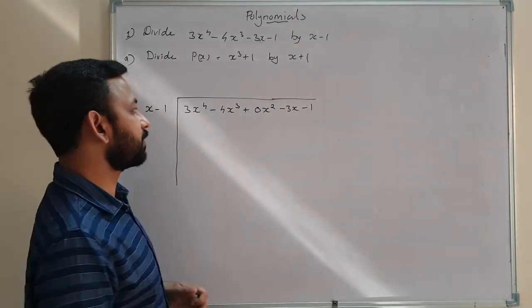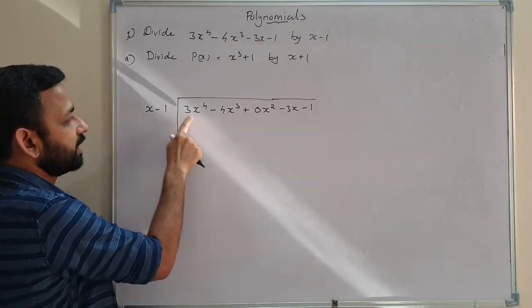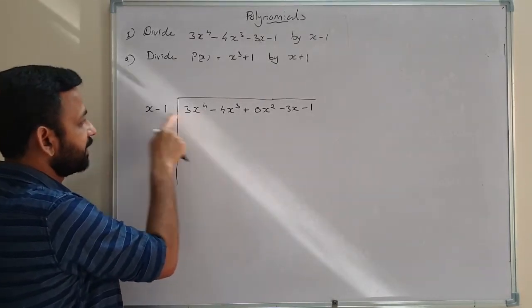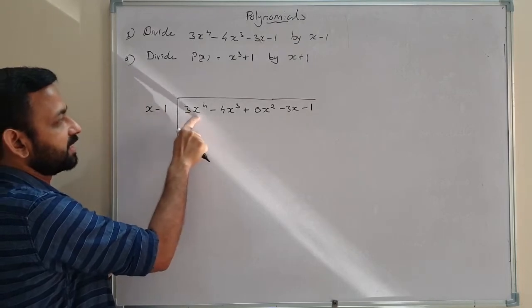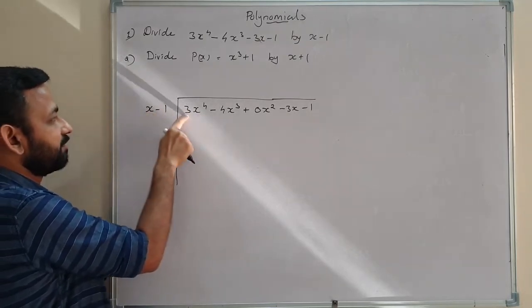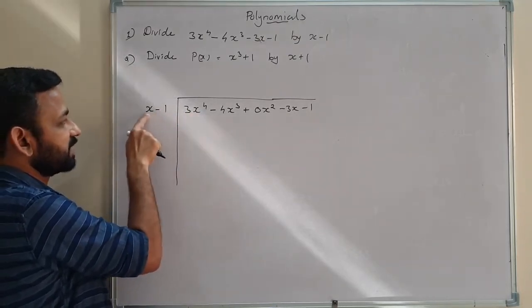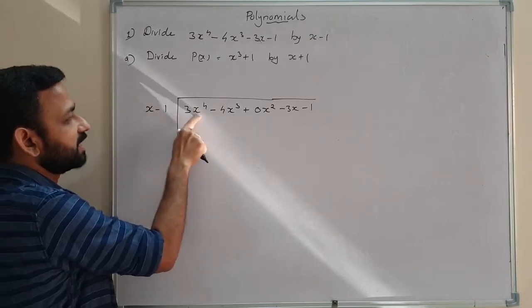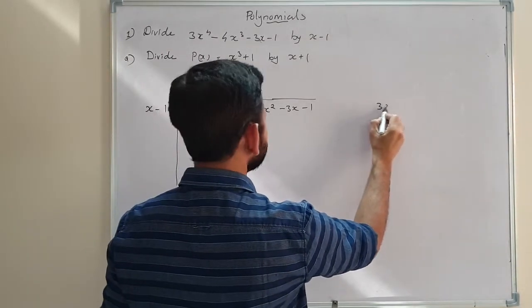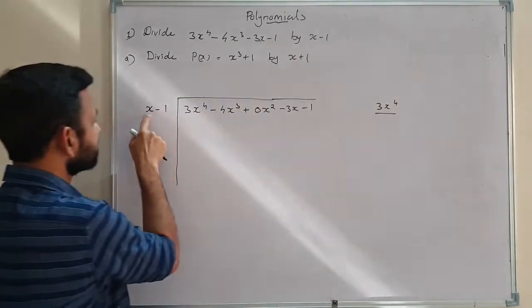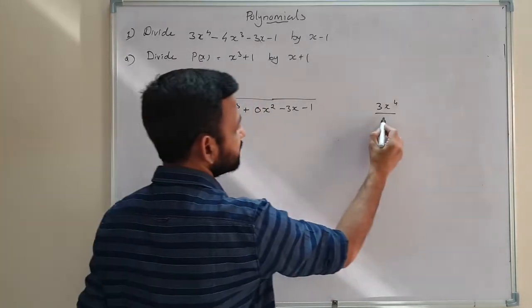Then when we divide a polynomial by another polynomial, we divide the first term by the first term. The first term of the dividend, that is 3x raised to 4, divided by the first term of the divisor, that is x.